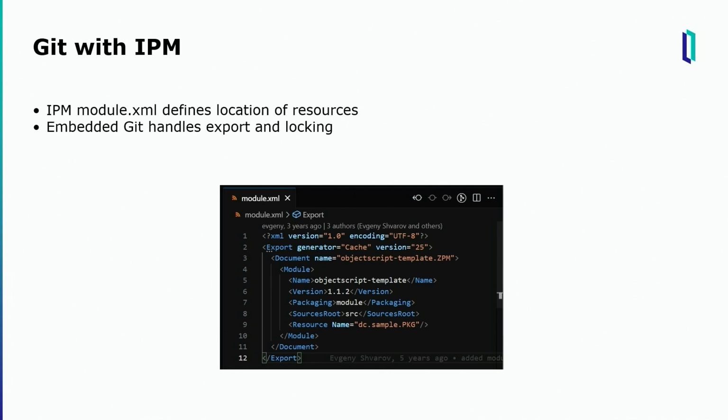In addition to export, Embedded Git handles locking. Say you have a shared development environment, one namespace where everybody is logging in to make development changes. This is not my ideal experience as a developer, but it's often the easiest, most friction-free way for people, especially in the healthcare space, to set up development servers, just because setting up an individual development environment for every person can be a bit of a headache.